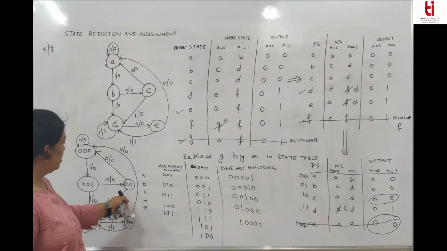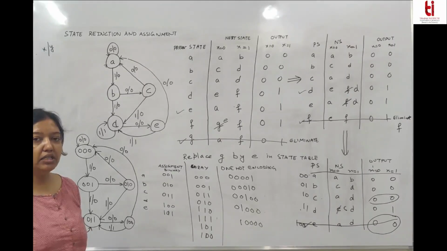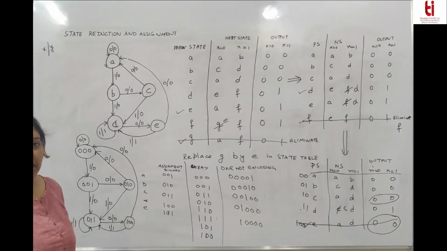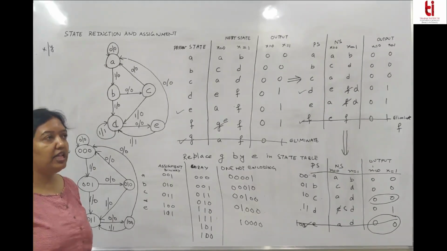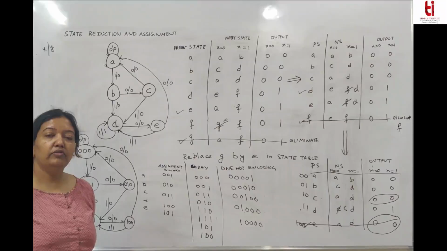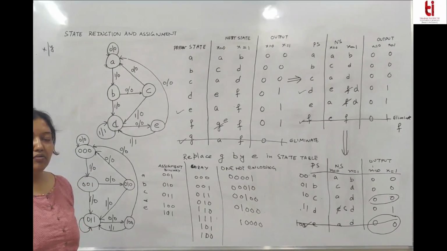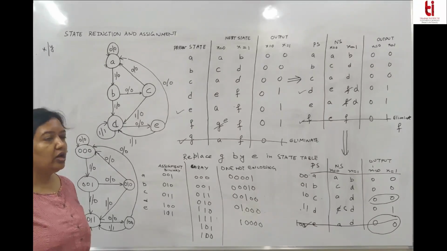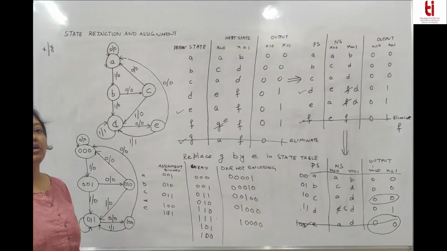If you draw this using a JK, it will be a reduced circuit. With T and D, it will have a bigger circuit, because T and D excitation tables don't have don't cares. And with SR also, in 0 0 state it is 0 cross, in 1 1 it is cross 1. So there also we have a few don't care, so that will also have a reduced circuit.